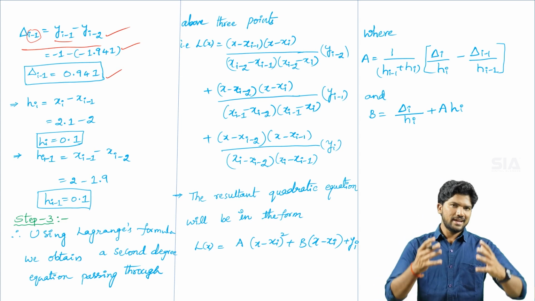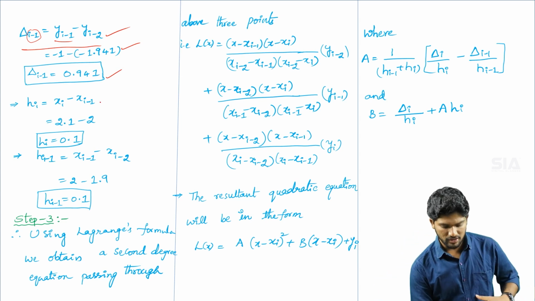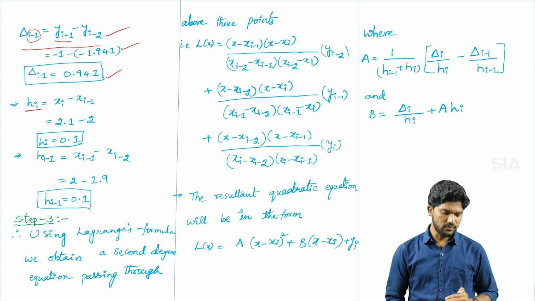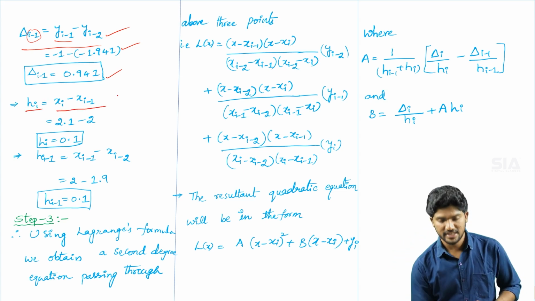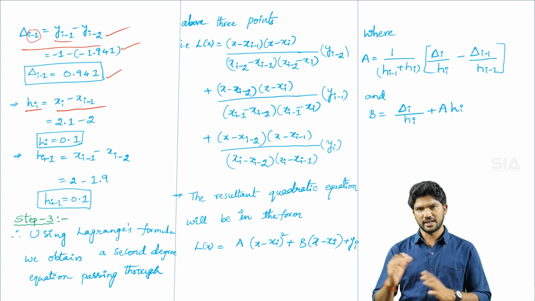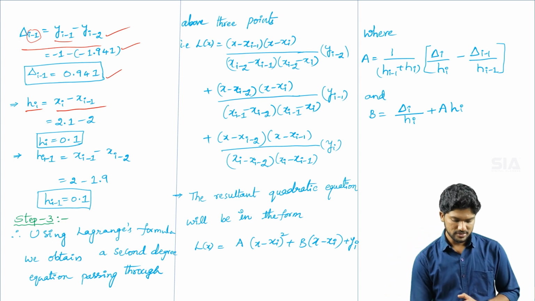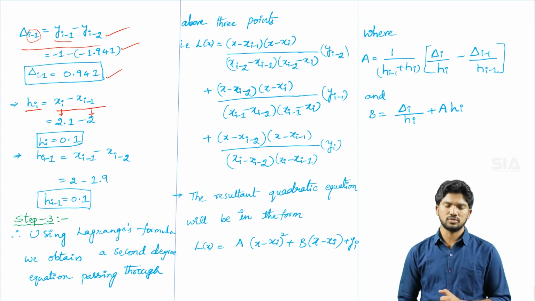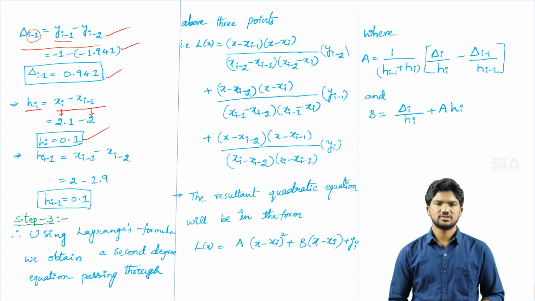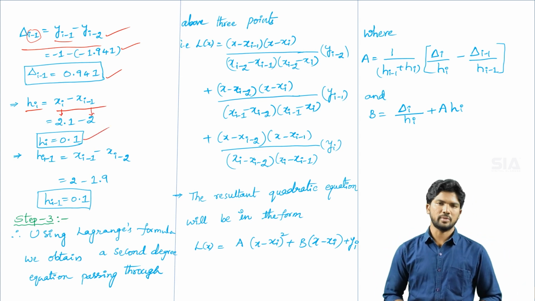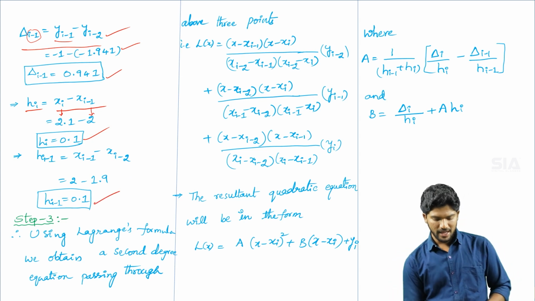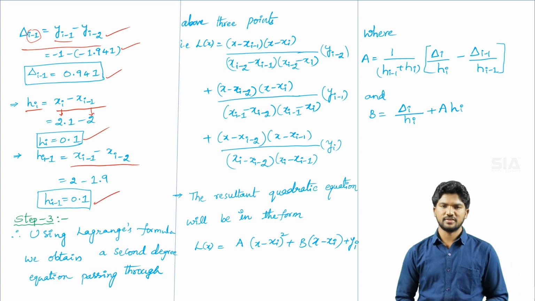Next we have to find the value of h suffix i. This h suffix i, you know the formula very well: x suffix i minus x suffix i minus 1. In the second unit also we are going to see that formula. So substitute the x suffix i value 2.1 and the x suffix i minus 1 value 2 from the given data. Therefore h suffix i is equal to 0.1. Next, h suffix i minus 1 is x suffix i minus 1 minus x suffix i minus 2.